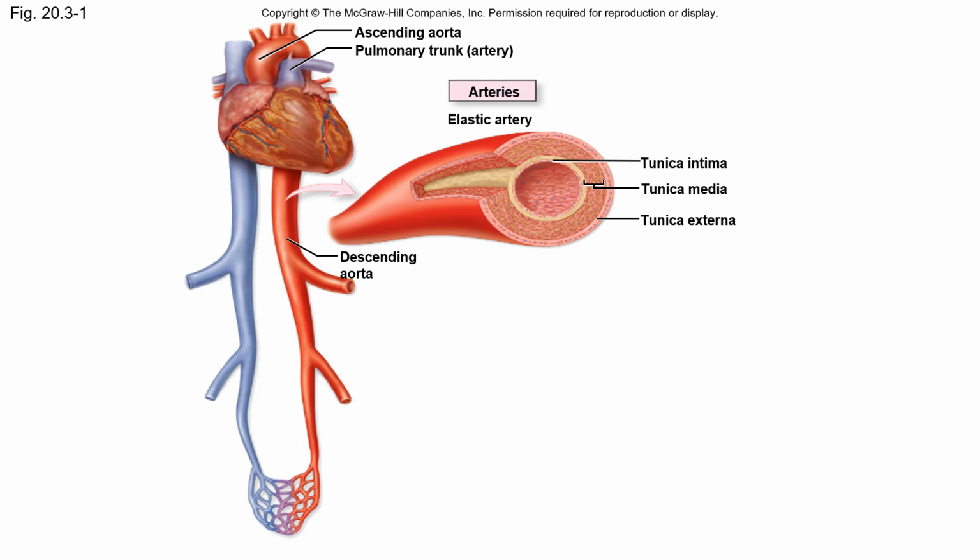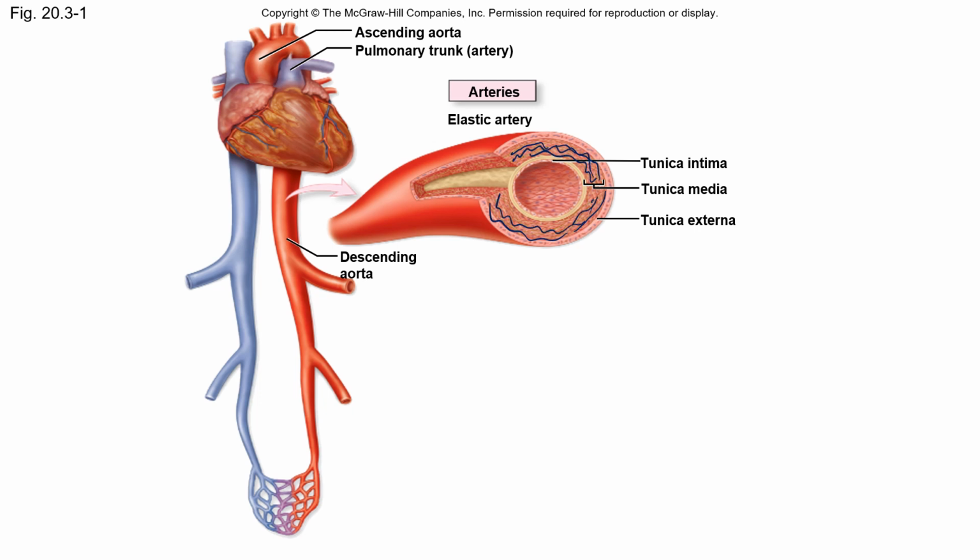Finally, let's talk about types of blood vessels. There are elastic arteries. These are basically the aorta and the pulmonary trunk. And they have very dense collections of those squiggly elastic fibers in here.